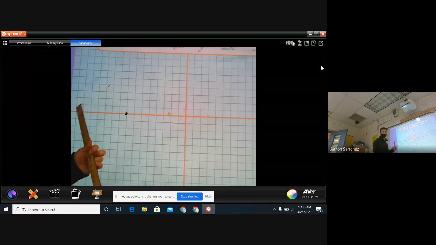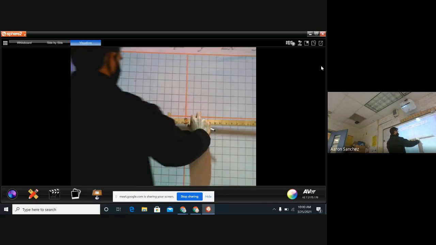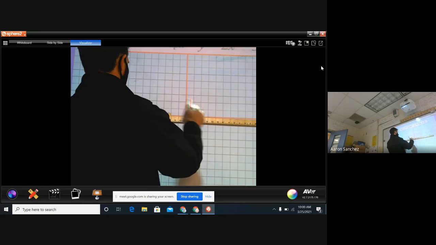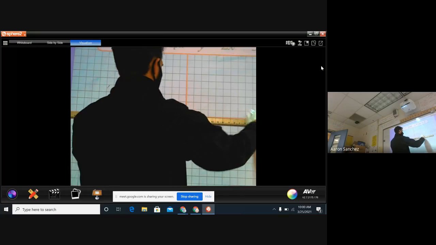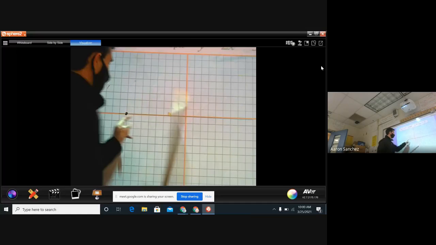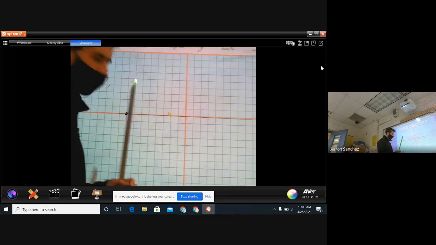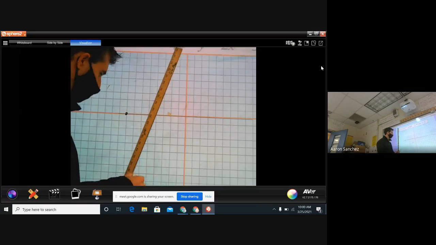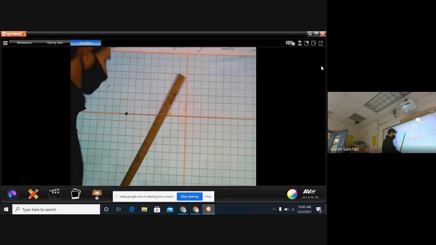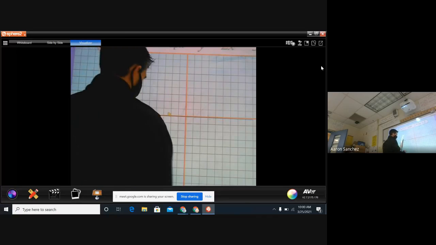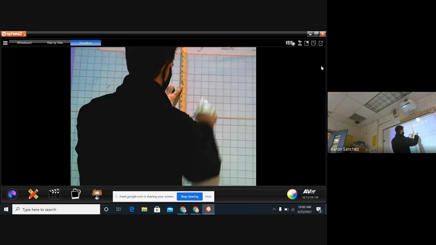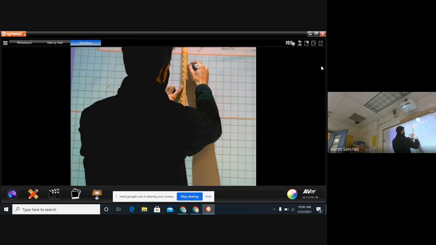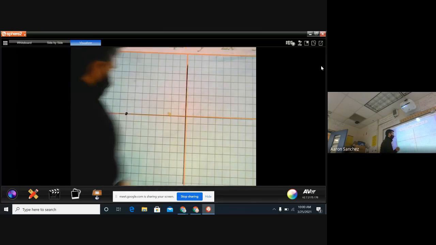So, okay, 270 degrees. Let's draw a line going through the origin. Can you guys see that? Hopefully, and then let's draw one going here. The perpendicular line.